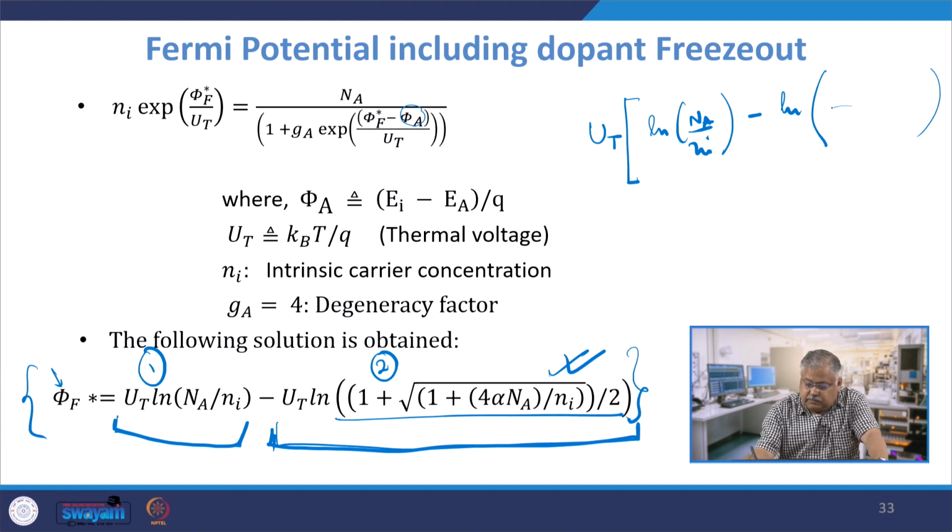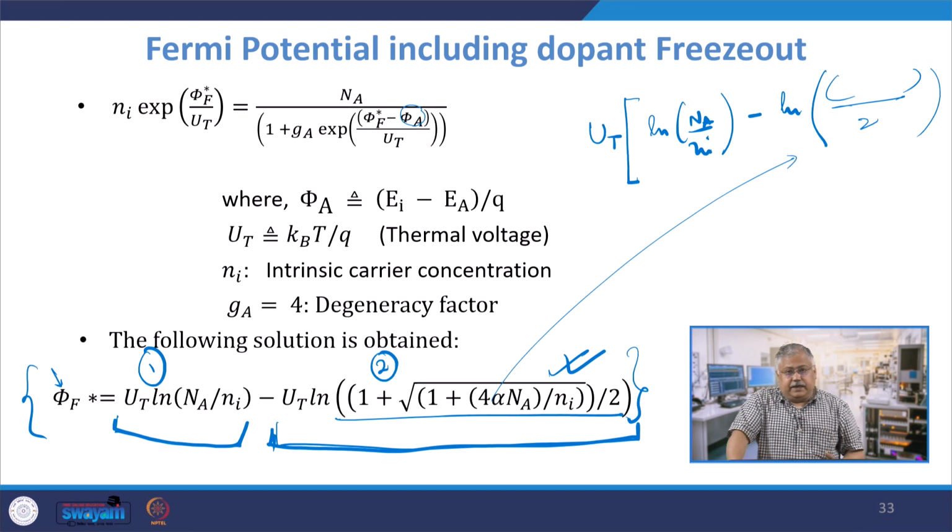This whole quantity is quite interesting, because the value of Ut is kT by q, so as T goes on falling, the Ut factor starts to go down. We define Ut as the thermal voltage because it is kT by q. It's 25 millivolts at 300 Kelvin.